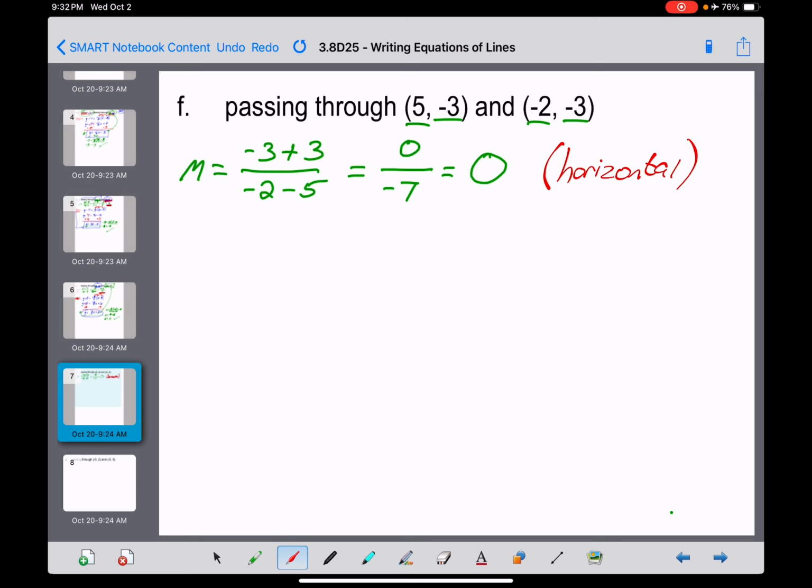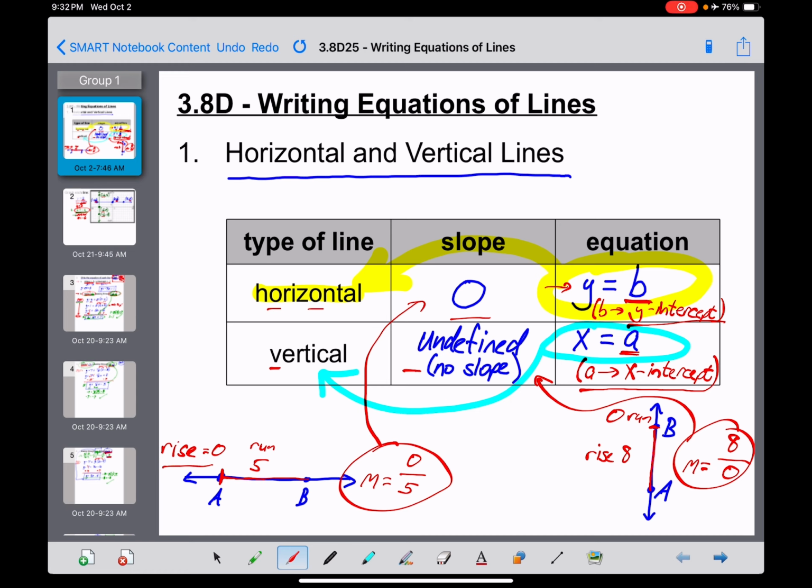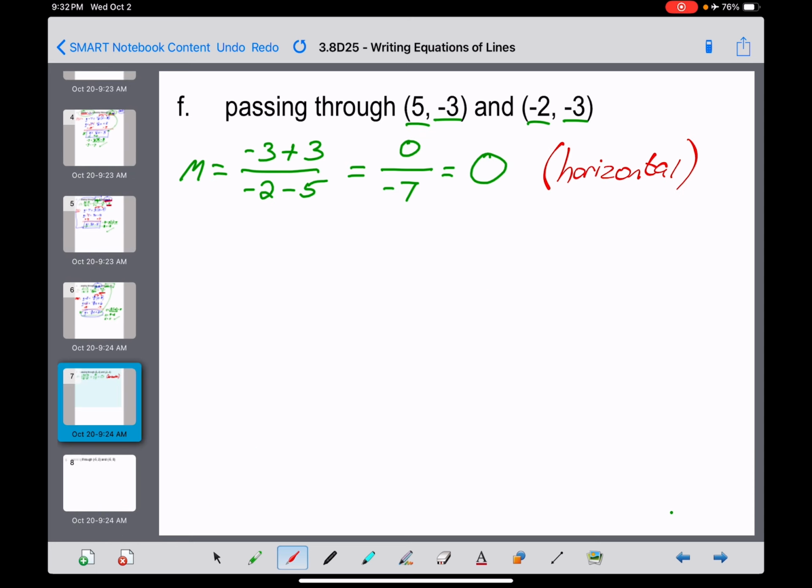And if you can't remember where that came from, let's go all the way back to that table that we did on the very first slide of these notes here. Any line with a slope of 0 is horizontal. Now, it would be cool if you guys had this memorized here, that the equation is just going to be y equals b, but the nice thing about this is you don't even have to know that. Let me show you what I mean.